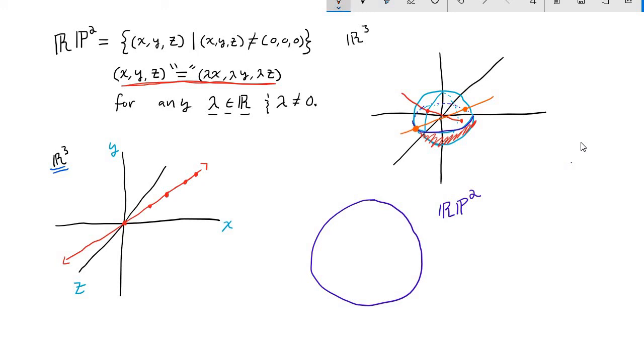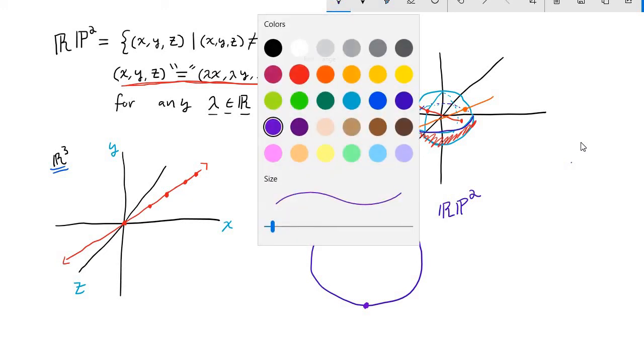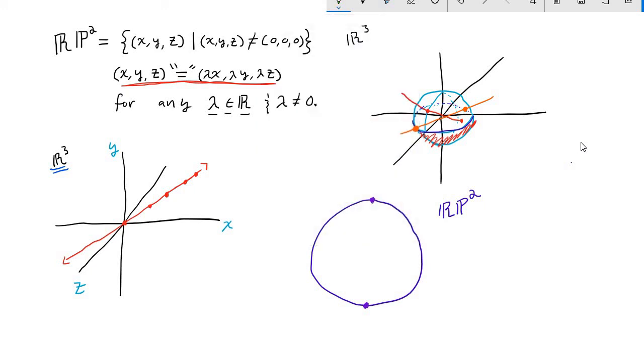In this picture, that means if I have 2 points which are antipodal, on opposite sides of this plane, then they represent the same point. So now, to think about the geometry of this, we could imagine walking around on this sphere.